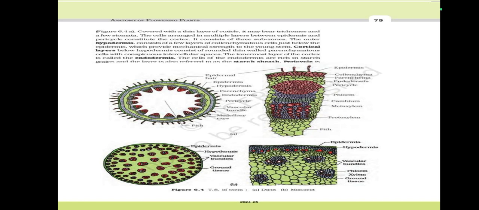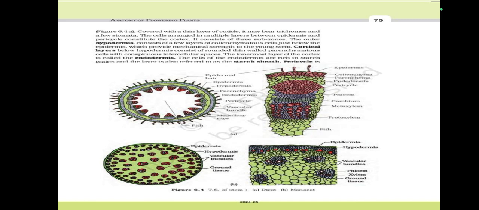It may have trichomes and a few stomata. The cells arranged in multiple layers between epidermis and pericycle constitute the cortex. It consists of three subzones. The outer hypodermis consists of a few layers of collenchymatous cells just below the epidermis, which provide mechanical strength to the young stem.